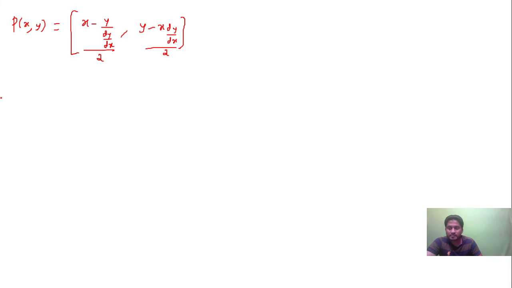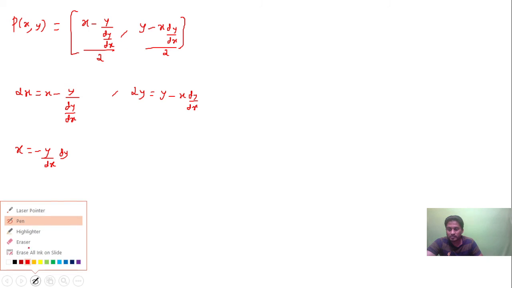Now if I cross multiply, you will get 2x is equal to x minus y upon dy by dx, and 2y is equal to y minus x into dy by dx. Either use the first equation or second equation, shift on the left side, you get x is equal to minus y upon dy by dx, or take this to numerator, it will be dx by dy.